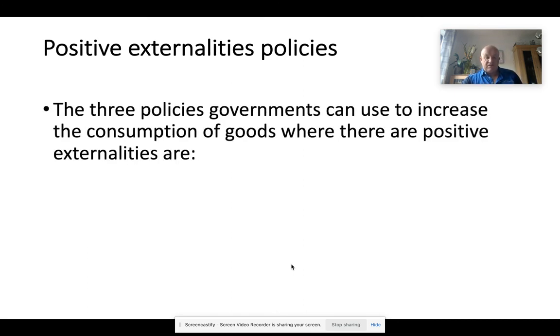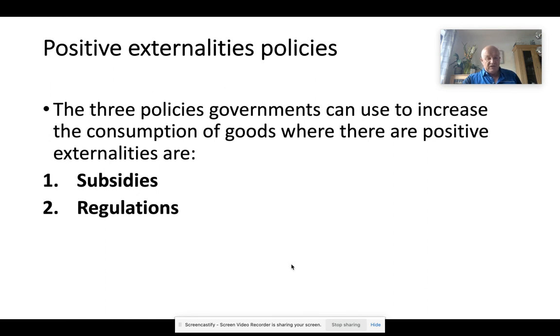Okay, three areas really where we've got positive externalities, and to increase the consumption of goods where there are actually positive externalities, as we've just described and just shown in diagrammatic form. One, the government might choose to use subsidies, and that's something that we'll look at in a bit more detail later.